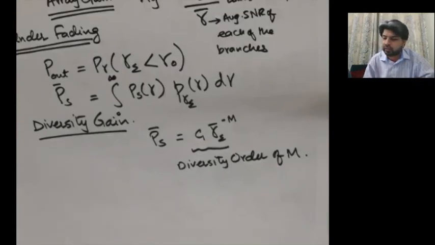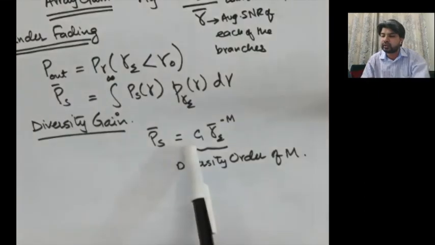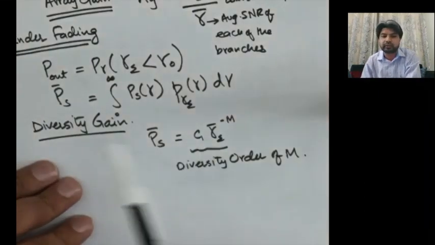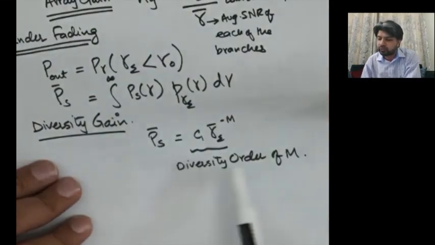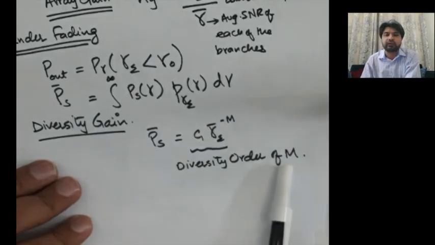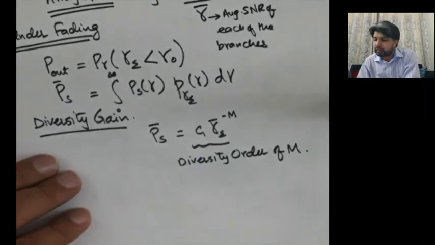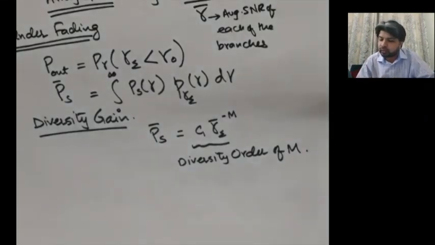If you take the derivative, the M would come out and get multiplied with the gamma sigma. So if this is your equation, you would have a diversity order of capital M, and that is what you would be looking for.